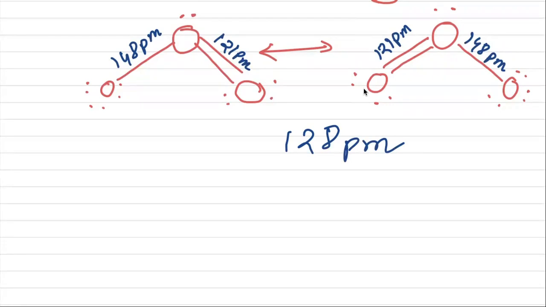Why has this happened? Then it was observed that the actual structure of oxygen in the case of ozone will be like this.